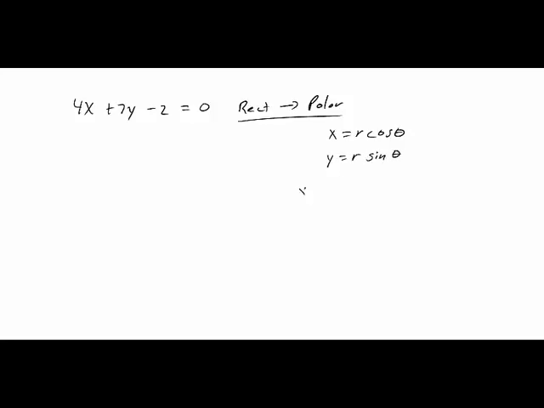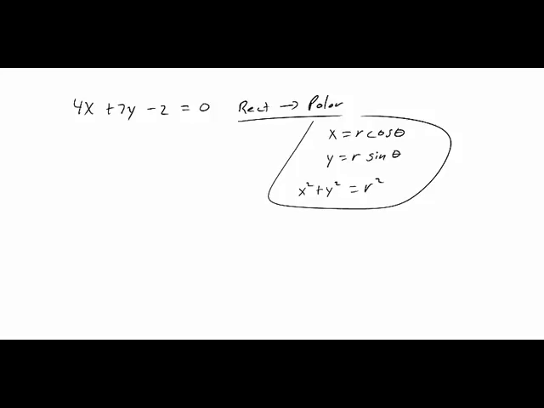All right, one more example. We have 4x plus 7y minus 2 equals 0. So here again we have a rectangular equation we want to change to polar form. And we're still going to use x equals r cosine theta, y equals r sine of theta, and x squared plus y squared equals r squared.